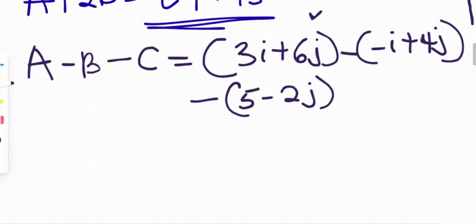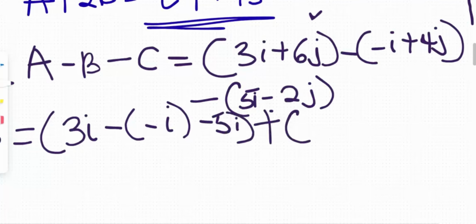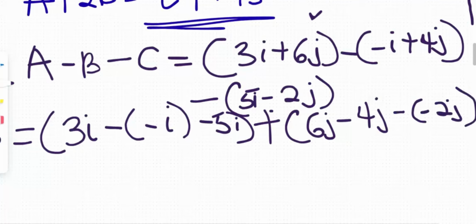So for us to solve this, we'll put this in like terms. That means 3I minus I minus 5I plus 6J minus 4J minus 2J.